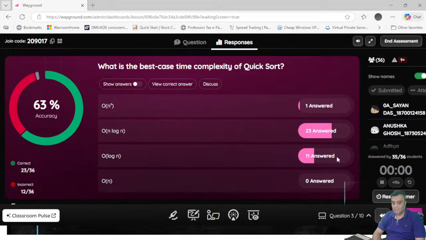The problem is that some of you got it as log n. See, log n is the height of the tree, right? But you have to multiply with each level how much work you are doing.